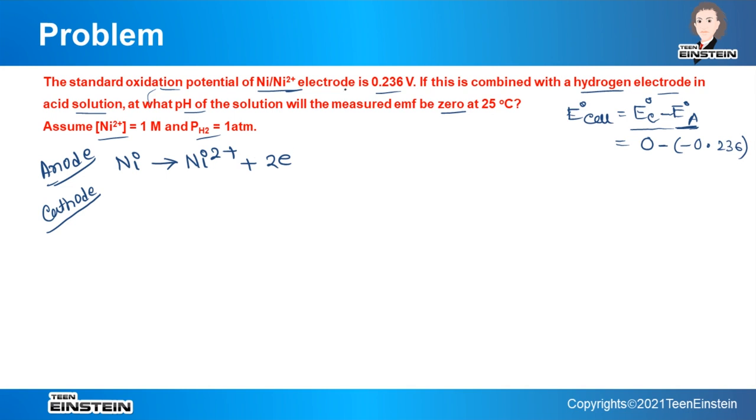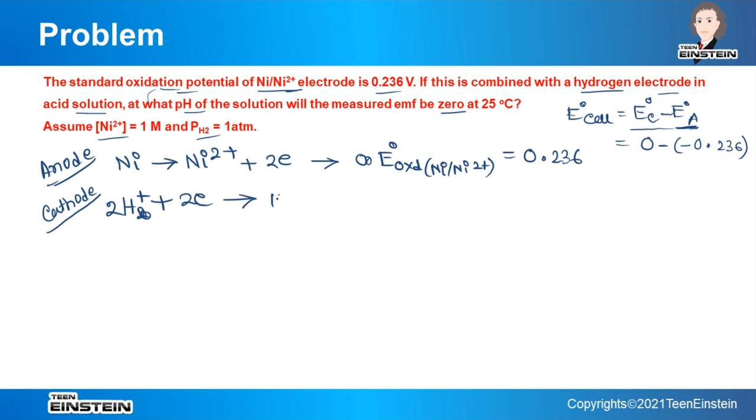But as here the oxidation potential is directly given, that means for this, that is nickel oxidized to nickel 2 plus, the corresponding E naught value, it is better you write E oxidation of nickel 2 plus. So this value is given, 0.236, and at the cathode a reduction reaction is going on, so it will be H plus accepting 2 electrons converted to H2.